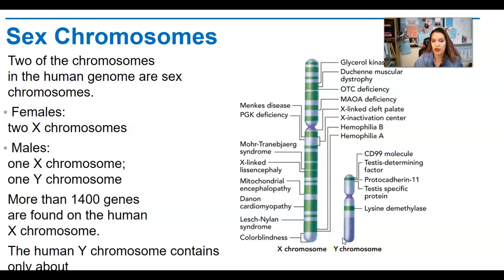And this is showing you the X chromosome and the Y chromosome and what the different genes are and where they're located, because we do have a complete map of that now.